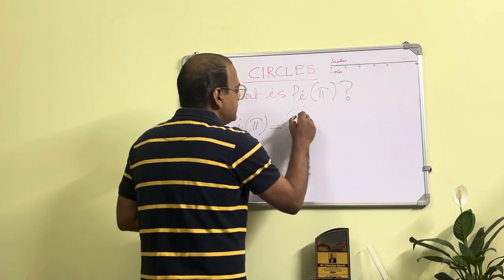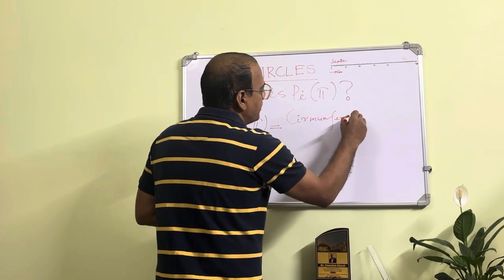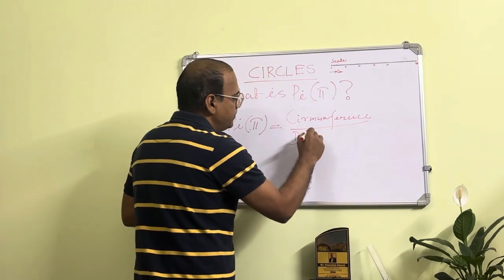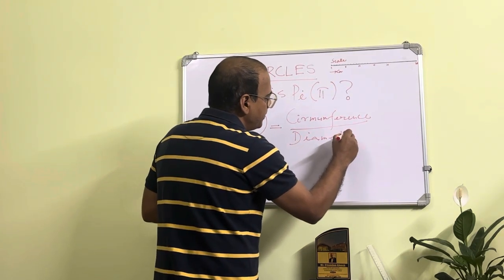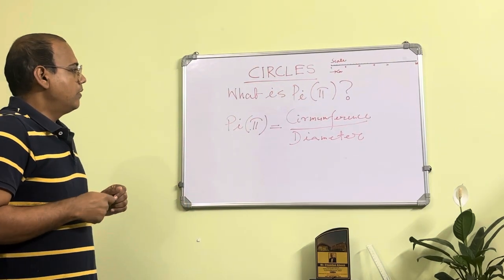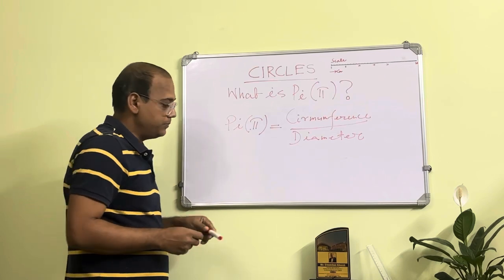So this is circumference upon diameter. Now we'll check how come this value comes to 3.14.